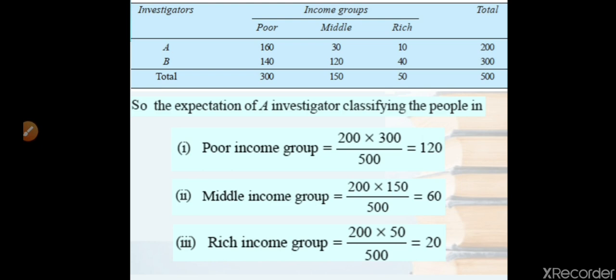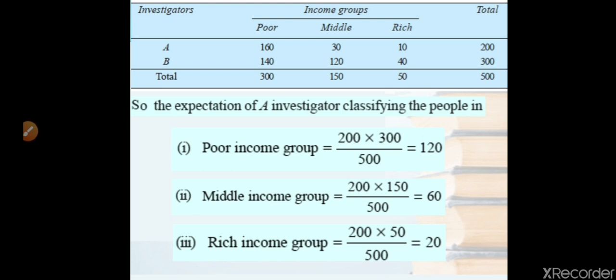Let us take the hypothesis that the sampling techniques adopted by the researchers are similar, meaning there is no difference between the techniques adopted by the research workers. This is our null hypothesis. The alternate hypothesis would be that there is a difference between the techniques.